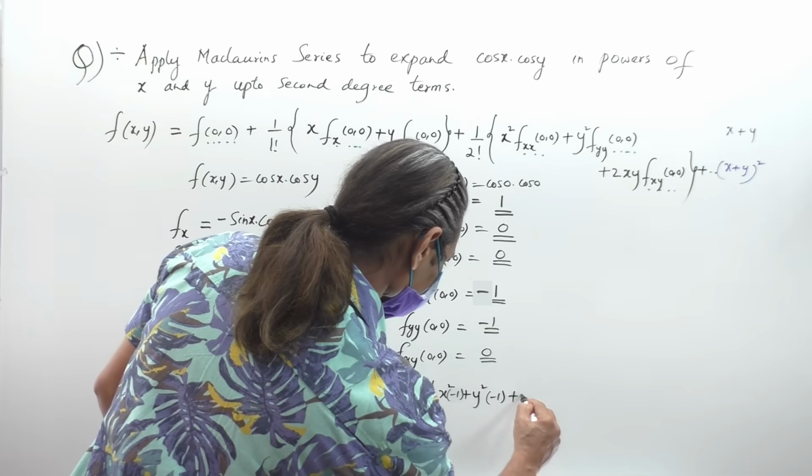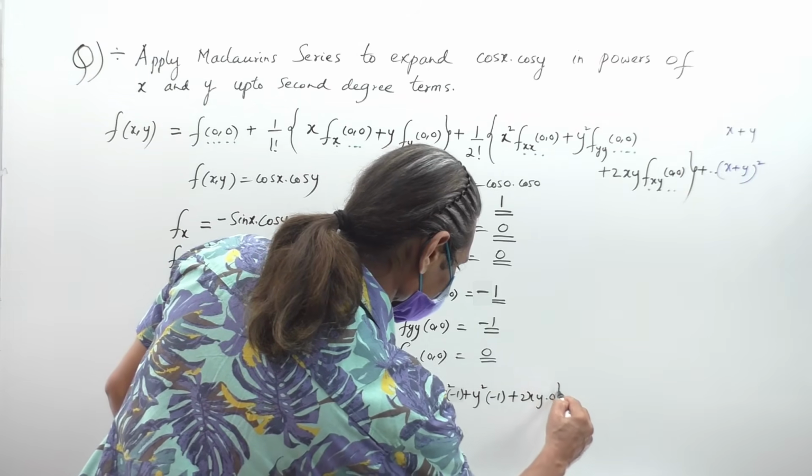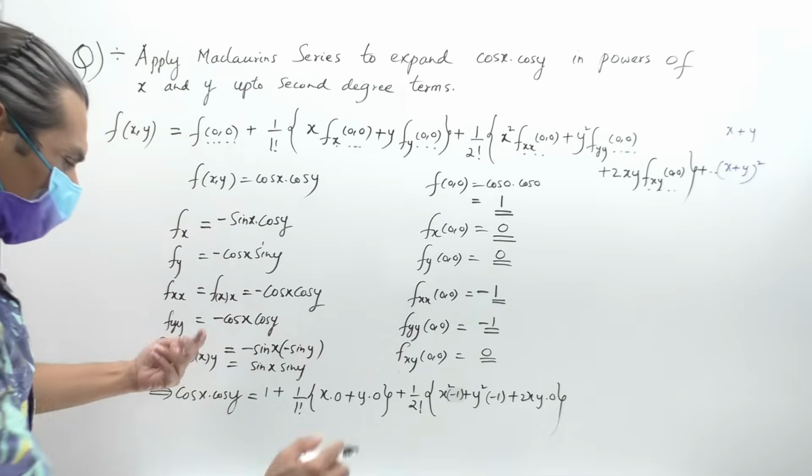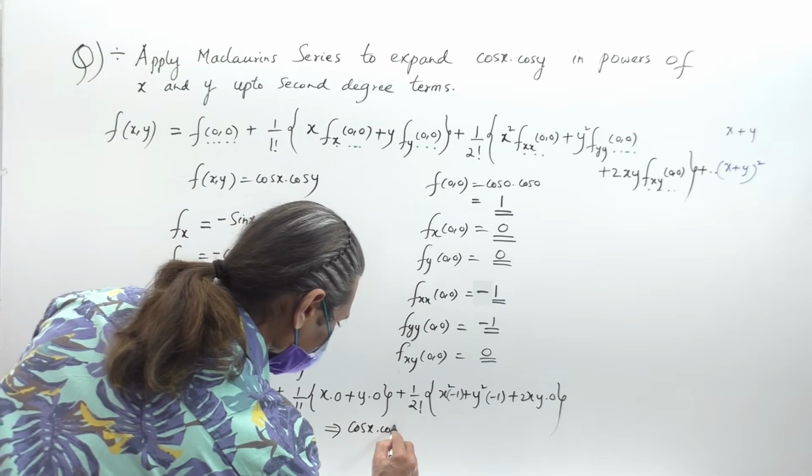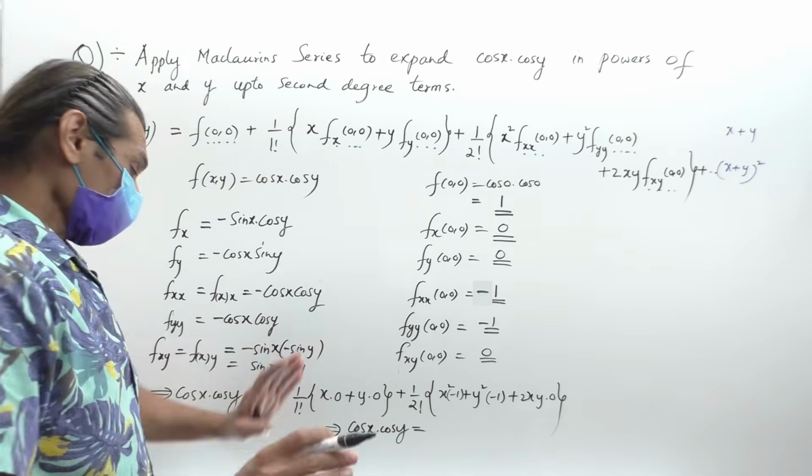Minus 1, plus 2xy into 0. That's all. That means the final result is, the solution is cos x into cos y will be equal to, see, 1.